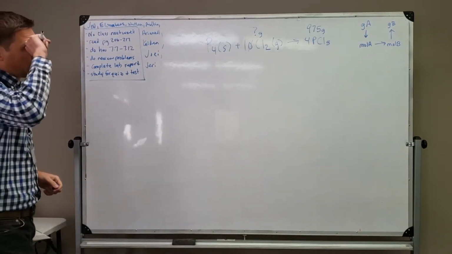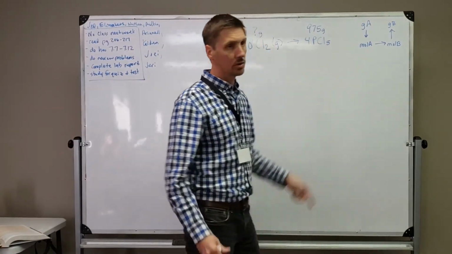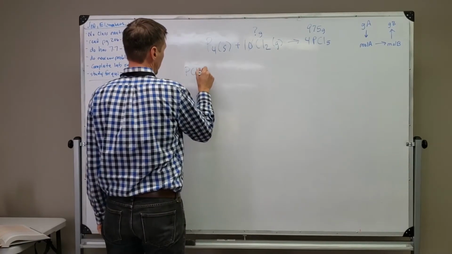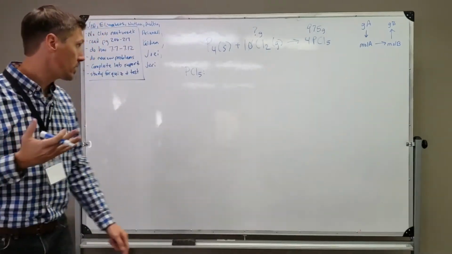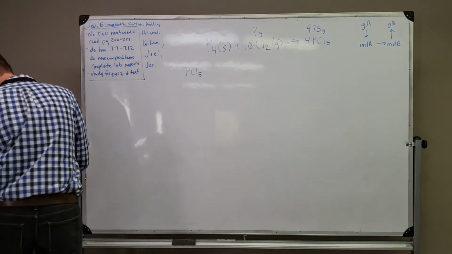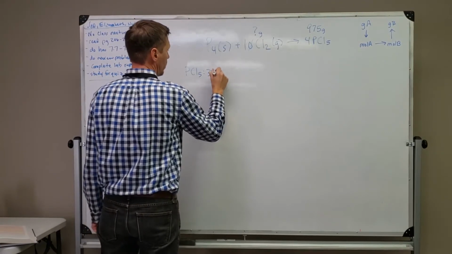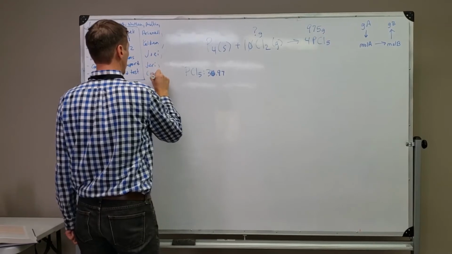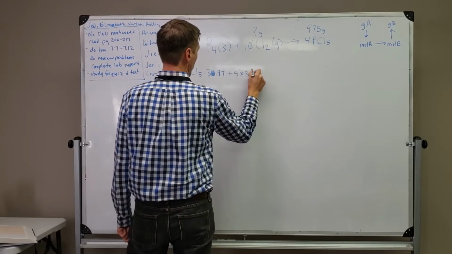So the first thing we have to do is convert substance A from grams to moles, and we do that by using the molar mass. For PCl5, we have to find the atomic mass of phosphorus. What is that? 30.97. And then what is it for Cl? 35.45. Plus 5 times 35.45.